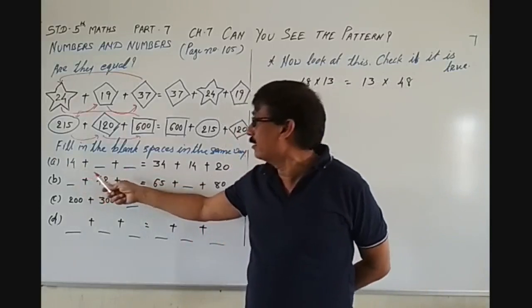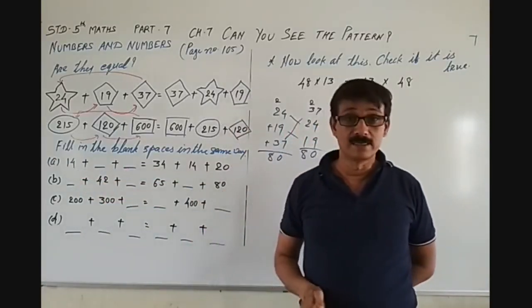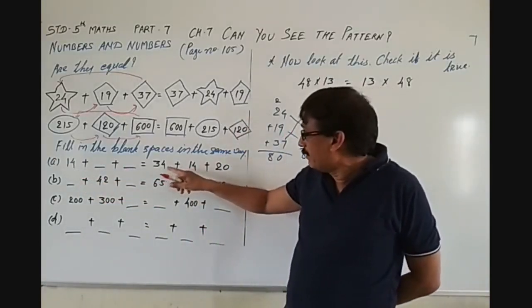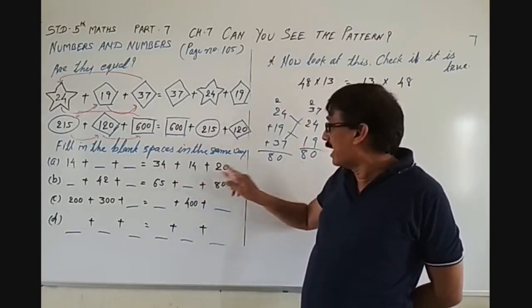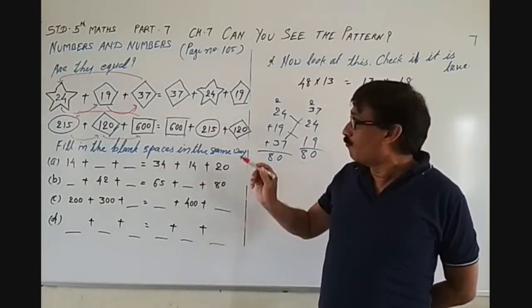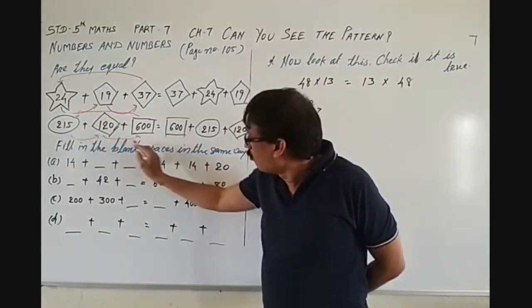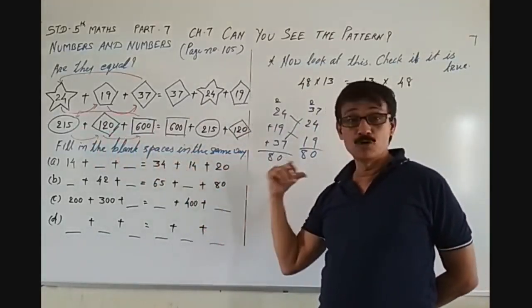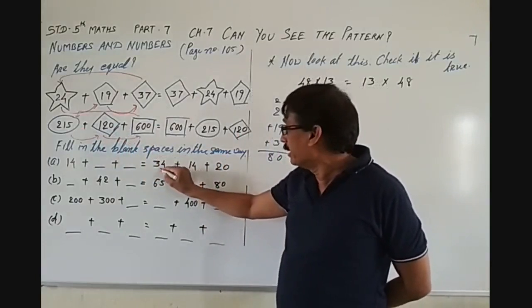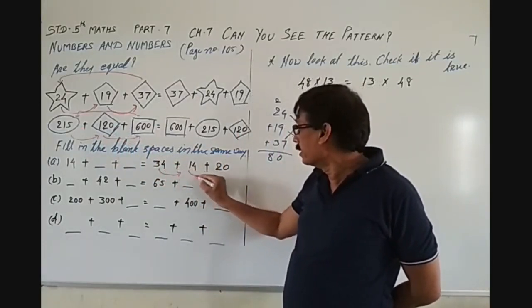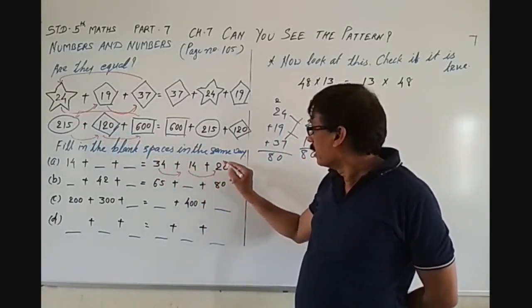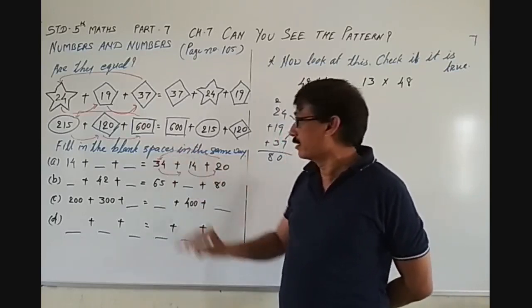See 14 is here, 2 blanks are there. But here we can see 34, 14 and 20 are there. Now follow this rule. See this number moving from left to right side. So naturally this number moves over here, this number moves over here, and this number moves over here.